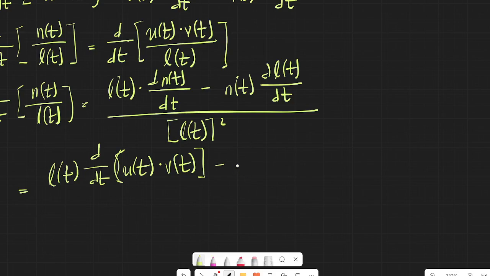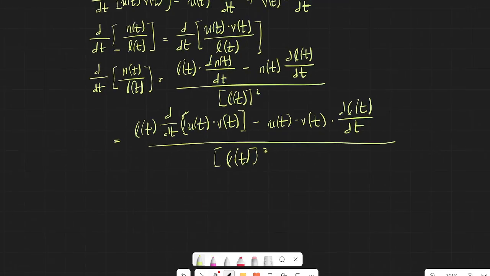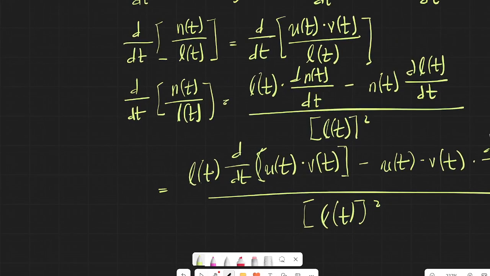Minus, and then again, we can do u of t times v of t times the derivative of that lower function in the denominator, again, all divided by the denominator squared. Now we basically have our structure. This n over L thing, that's actually just the derivative d/dt of y of t.